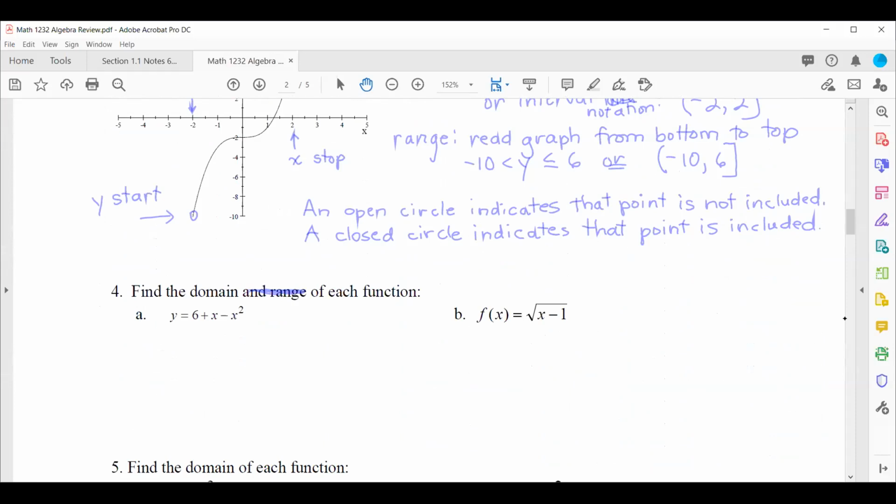Looking at the function in part A, if you look at the exponents on the variables, remember there's an understood 1 right there. So the exponents on the variables are non-negative integers. Maybe I should just take a minute. What are non-negative integers? That would be 0, 1, 2, 3, and so on.